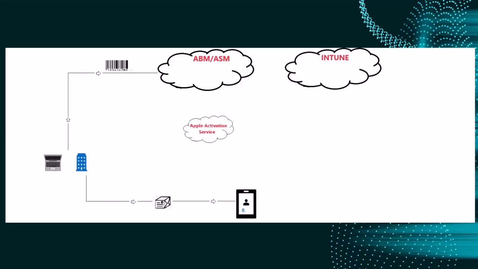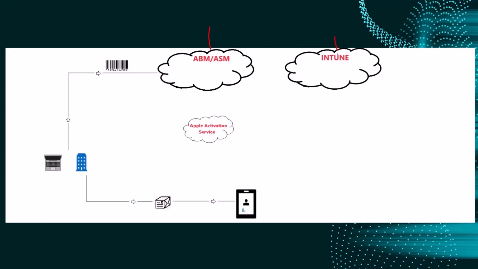So in the diagram, you can see that I have got around 6 or 7 blocks. So let's understand these blocks first. First, there is this cloud service called ABM or ASM. This is owned by Apple. So think of this like an Autopilot service, but not owned by Microsoft, owned by Apple.